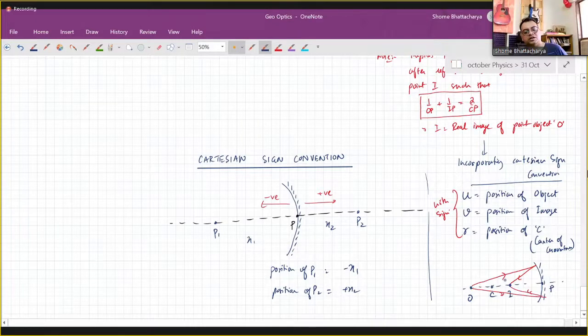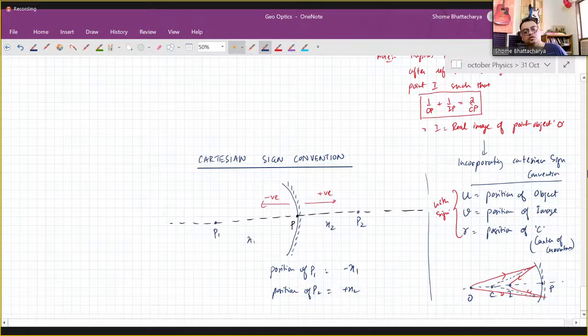So again, in the diagram for ease, I'm showing rays which are not really paraxial. These angles are pretty large, but you have to imagine for paraxial rays. So in this formula, u becomes minus of OP, v becomes minus of IP, and the position of the center of curvature becomes minus of CP.